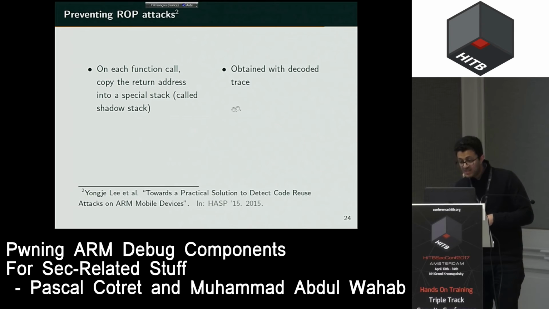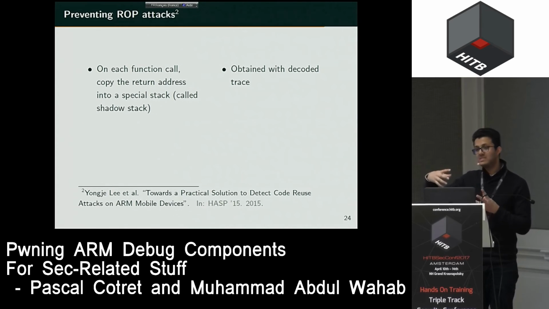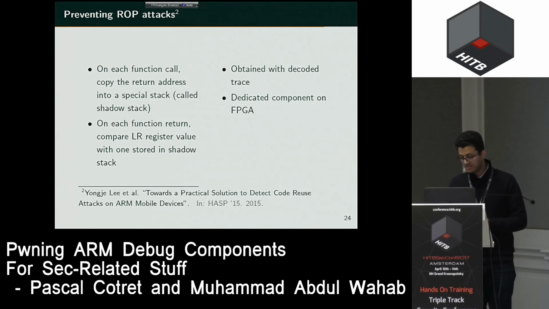Each time a function call is executed, this information they can obtain with the traces, and they make a software analysis that matches each branch call with the returning address. By using this, they construct their shadow call stack. Once the function returns, they check the shadow stack value with the real stack value. If it matches, everything is okay. If it does not match, something went wrong. And this is how they detect return-oriented programming attacks.